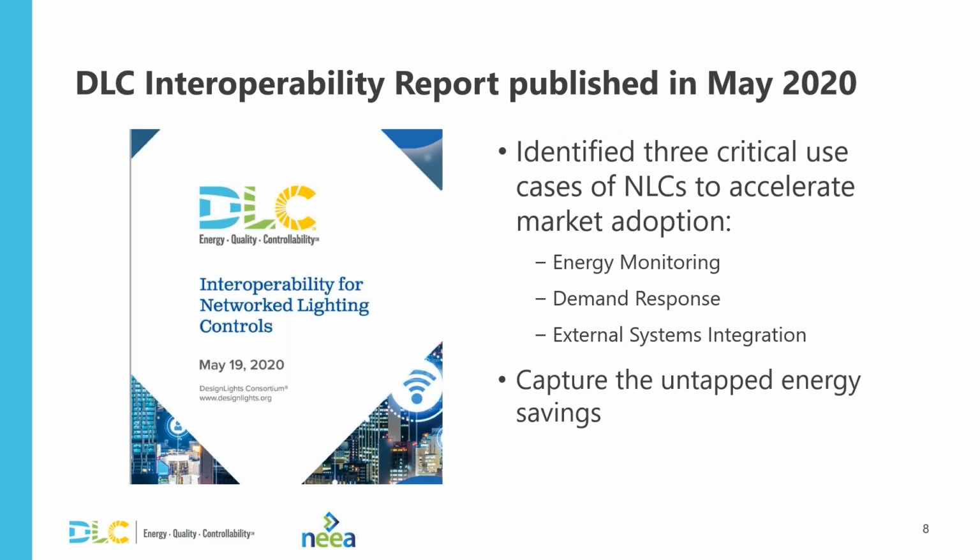This ties in with the interoperability report for NLCs published by the DLC in May, in which 3 critical use cases were identified and explored in depth: the barriers, opportunities, and value propositions for various stakeholder groups, and how they can work together to accelerate the market adoption of NLCs and capture the untapped energy savings.